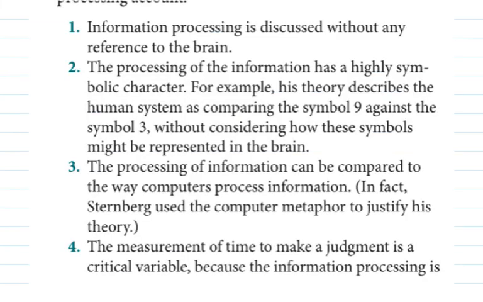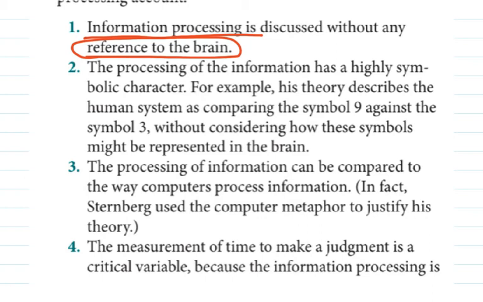One of the things that you notice in this experiment is that you're discussing information processing, right? And you're looking at how cognition is working, but you're not discussing what's happening in the brain, right? And this is very, very particular to how cognitive psychology developed.